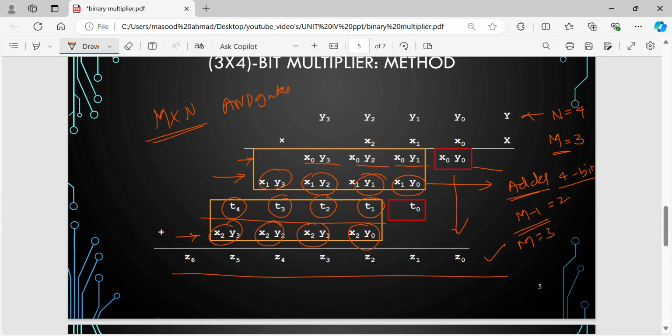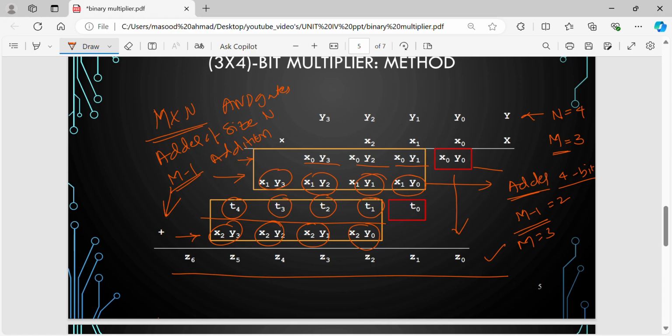I need an adder of size n, where n is the multiplicand size. I need these adders m minus 1 times to do the addition process to get the overall product, where m is the multiplier size.